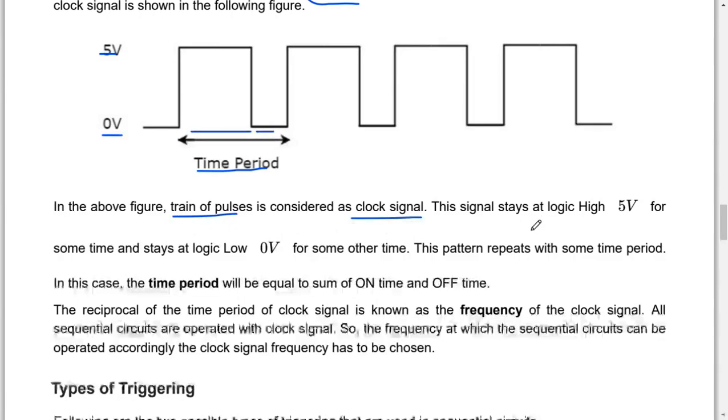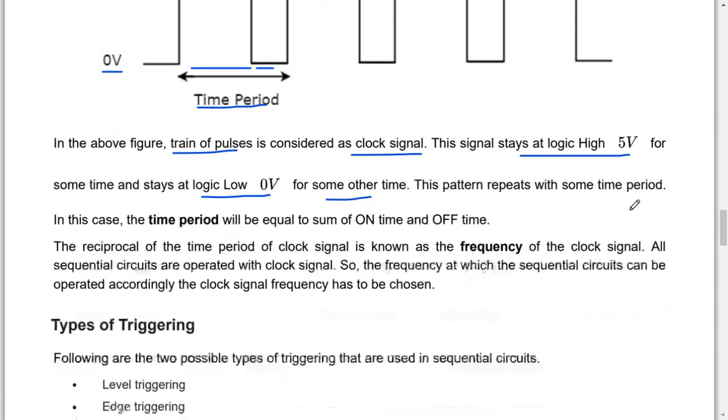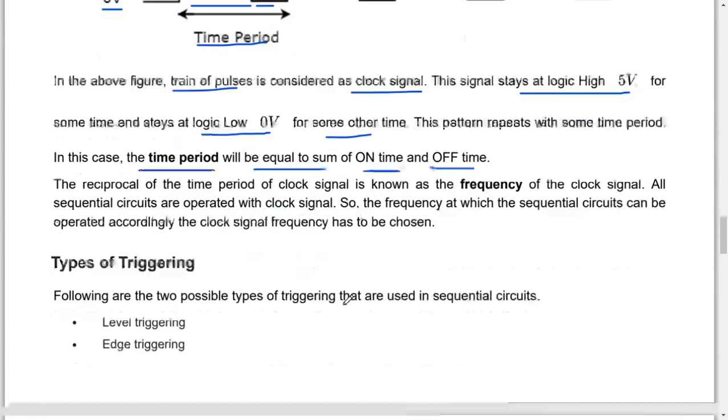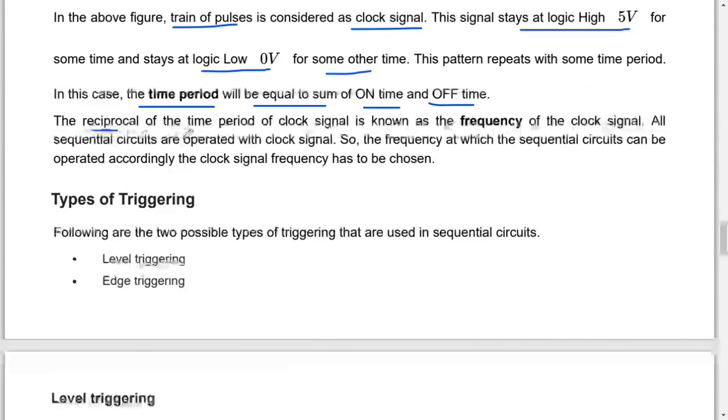The signal stays at logic high, 5 volts, for some time and at logic low, 0 volts, for some other time. The pattern repeats with some time period. In this case, the time period is equal to the sum of on time and off time. The reciprocal of the time period of the clock signal is known as the frequency of the clock signal.